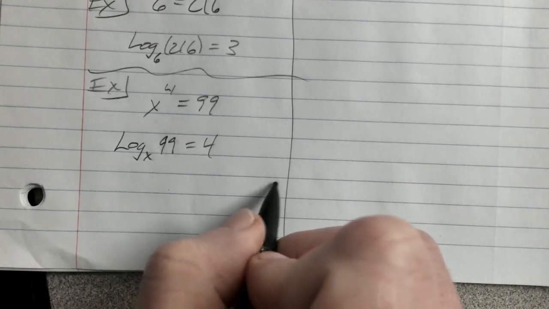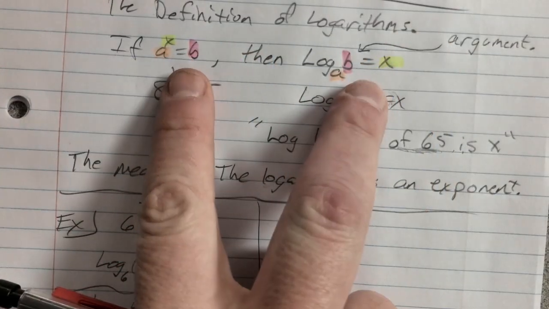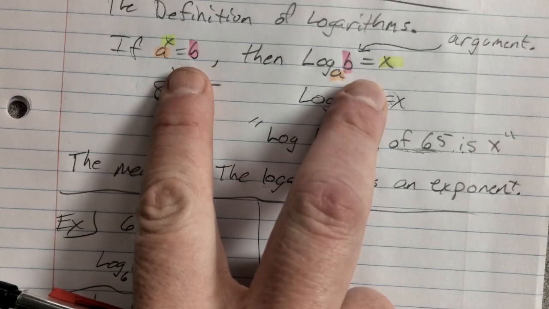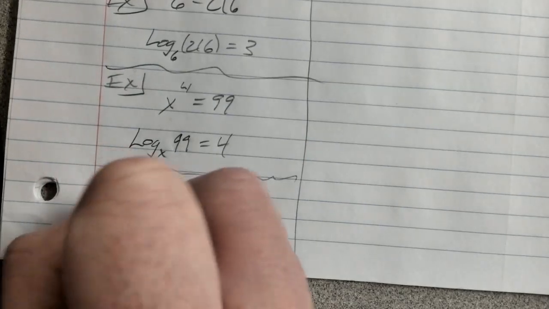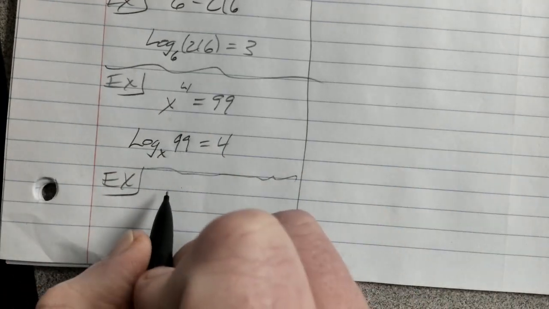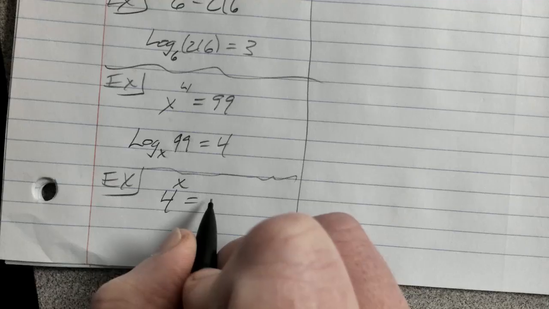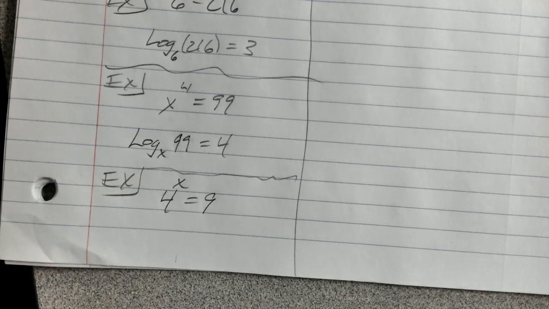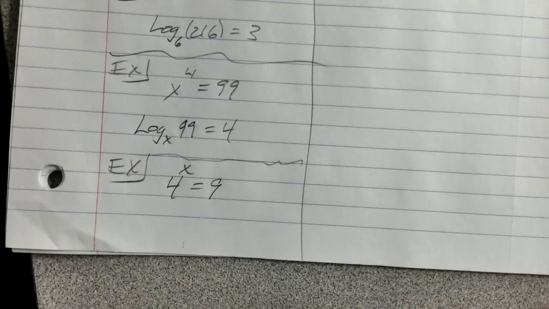Will, use your patterns now. On our notes, the fun colored bits, use your patterns, and I want you to tell me, if I have 4 to the x equals 9. That's ugly. I like it. How could I rewrite that?